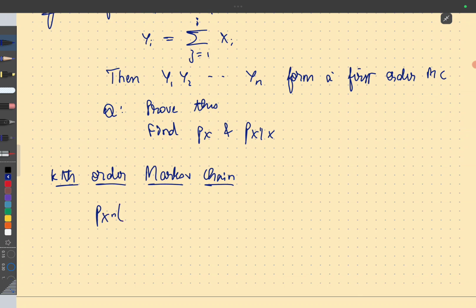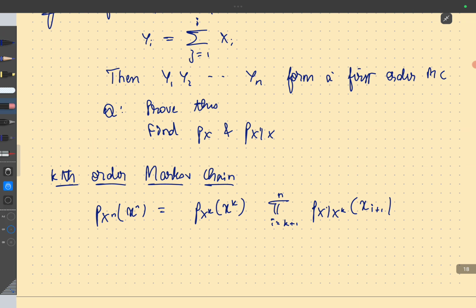All right, so p of x^n is equal to p of x^k times the product for i equal to k plus 1 up to n of p of xi given x_{i-k} up to x_{i-1}. All right.